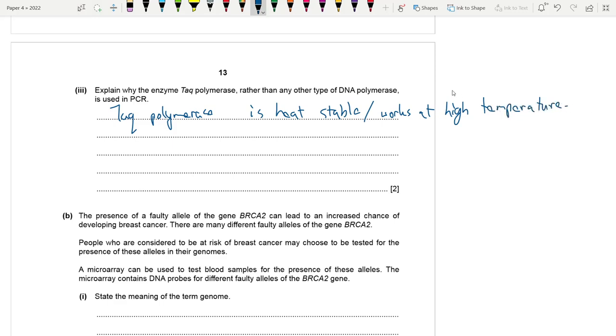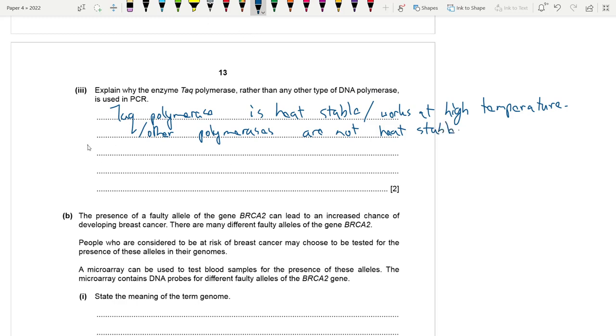Or you could say that other polymerases are not heat stable. You could say the negative point, right? Like, why not use the other ones?